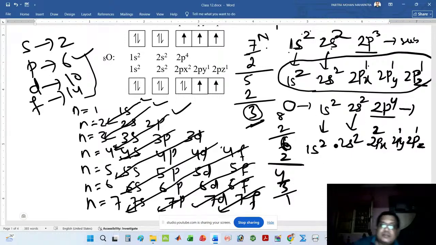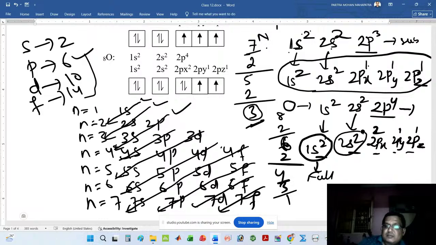So the electron configuration of oxygen is what? 1s2, 2s2, 2px2, 2py1, 2pz1. Look at that. Here 1s orbital has capacity 2 electrons. This is said to be full filled. 2s orbital has capacity maximum 2 electrons. This is filled. So this is said to be full filled. 2px has capacity 2 electrons. It also has 2 electrons.